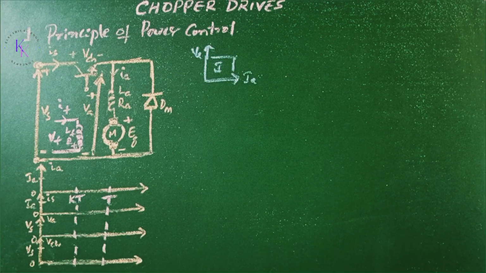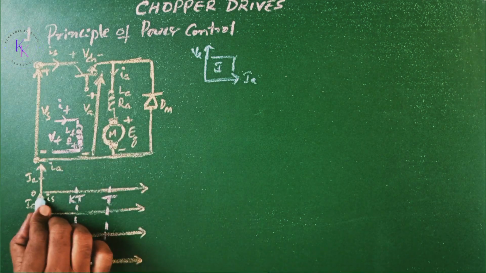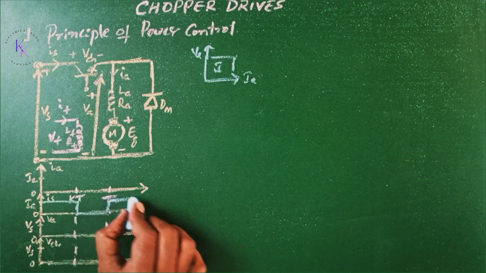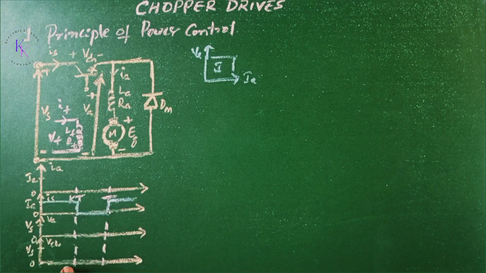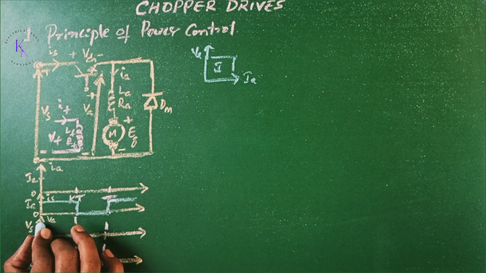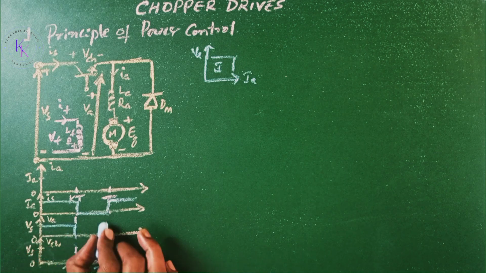The waveforms for the armature voltage, load current, and input current are as shown, assuming a highly inductive load. Then the current Is will be present as Ia when the chopper is turned on. So kT is the area where the chopper is turned on, the T on period. This is the total period. The voltage Vs appears across the armature, Va, when the chopper is turned on.